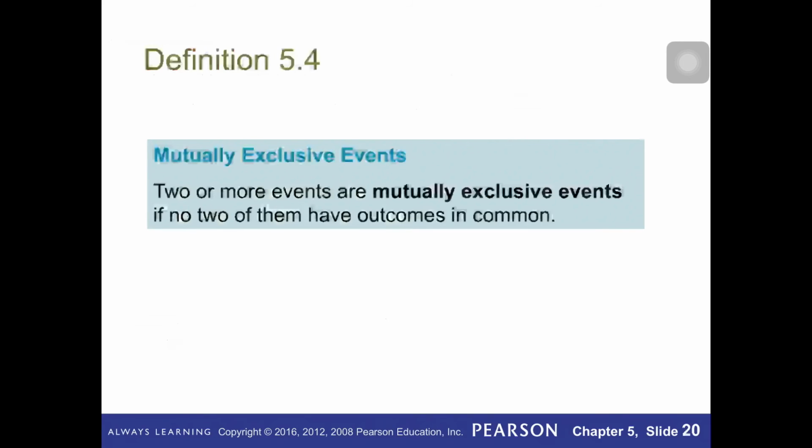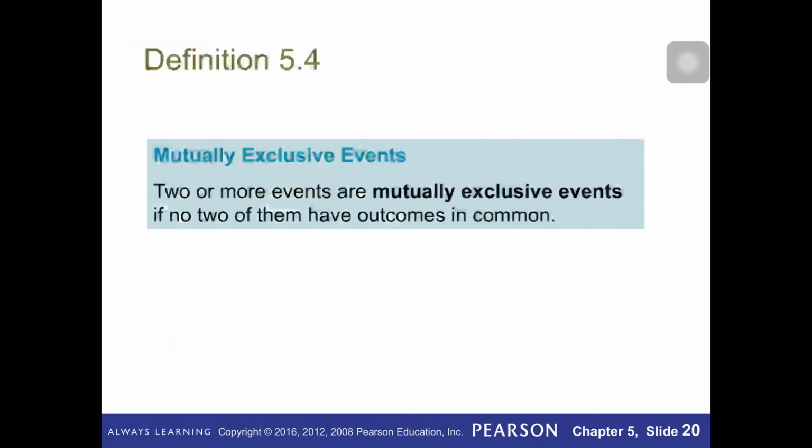Okay, now I'm going to explain the relationship of events. We call a mutually exclusive event, which means two or more events, if they don't have any connection, we call them mutually exclusive events.